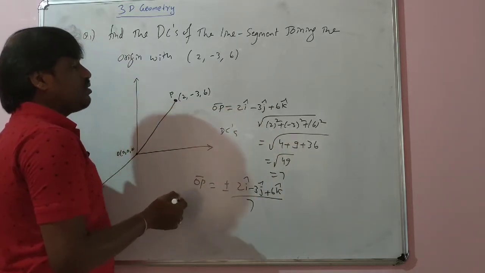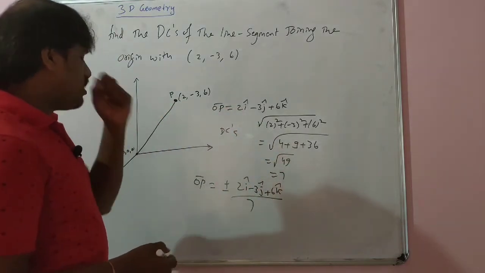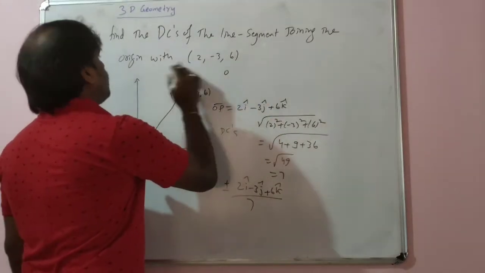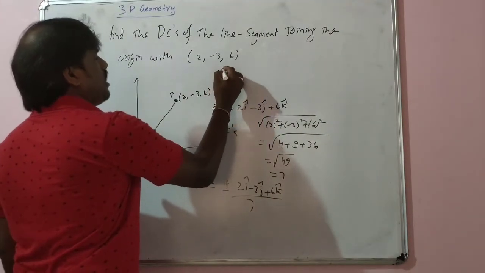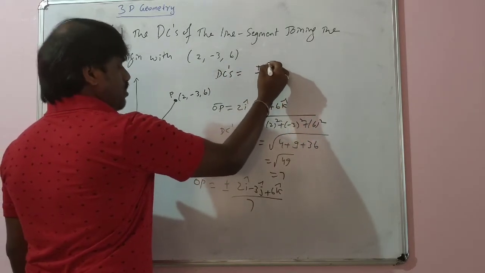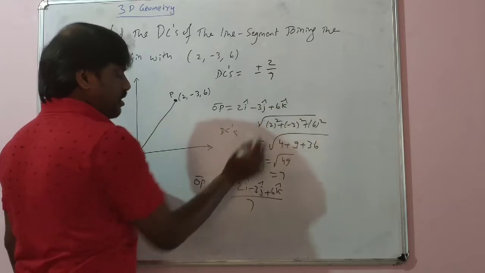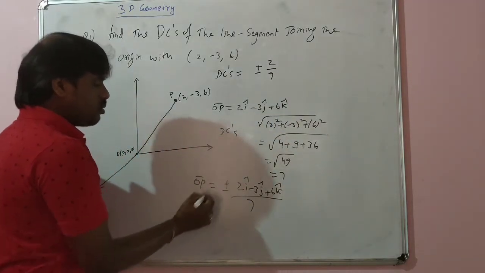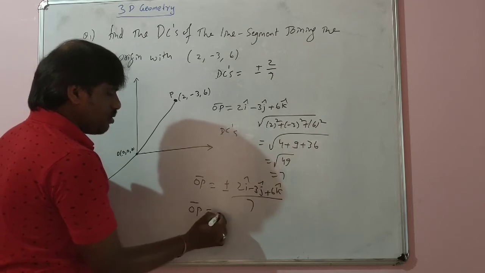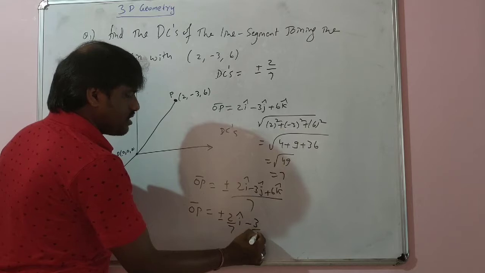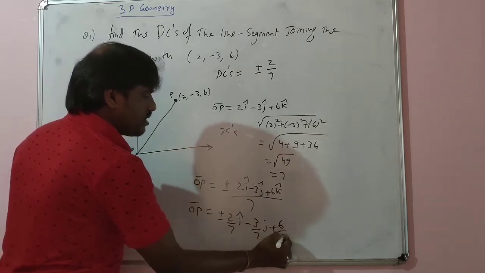So what are the direction cosines here? The direction cosines of this vector will be plus or minus 2 by 7, like here this is cos alpha, that is L, M, N. OP is equal to plus or minus 2 by 7 i cap minus 3 by 7 j cap plus 6 by 7 k cap.